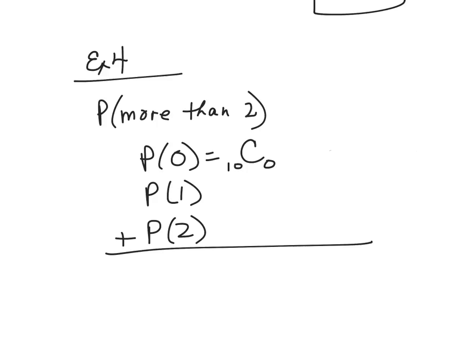Combination of 10 things taken 0 at a time, times a little p, which is 0.300 or 0.3, raised to the x, or raised to the 0, times 1 minus 0.3 raised to the n minus x, which would be 10 minus 0, or to the 10th.